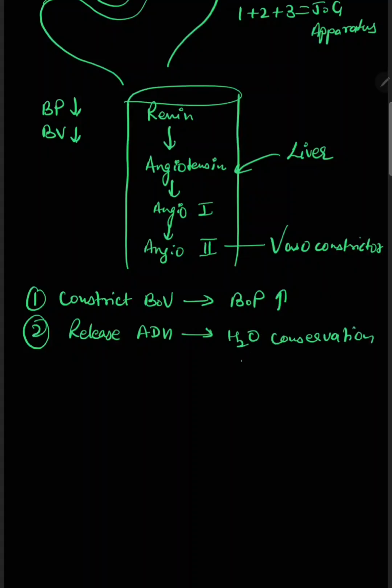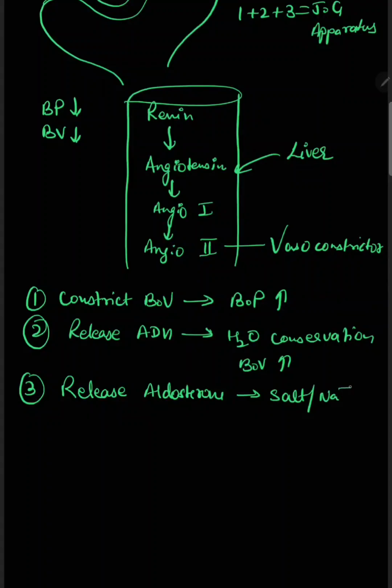Then blood volume will increase, and it will also lead to the release of aldosterone, which will lead to salt, or we can say sodium ion, conservation. Again, when sodium ion conservation is there, blood pressure will increase. So our problem has been solved.